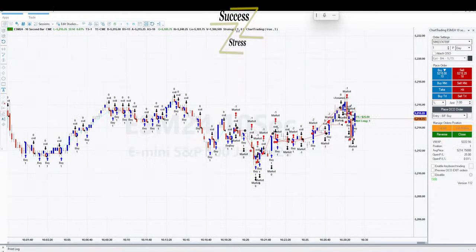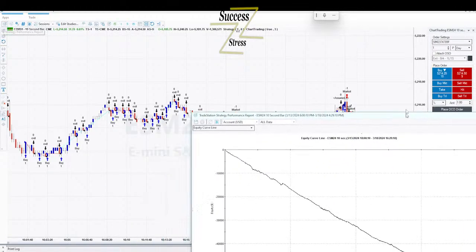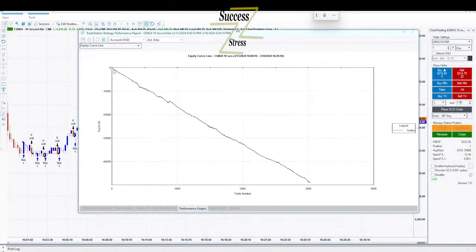But with this, you can just hit this button up here. It just says strategy performance report. It'll run it back for you, all these days, from March 13th all the way to now. This is a killer strategy. Killer losing strategy. Okay.